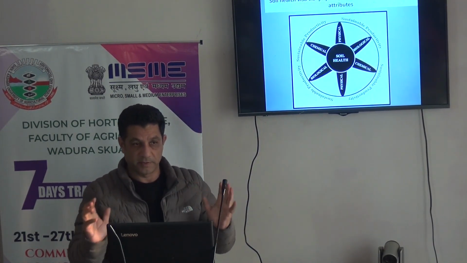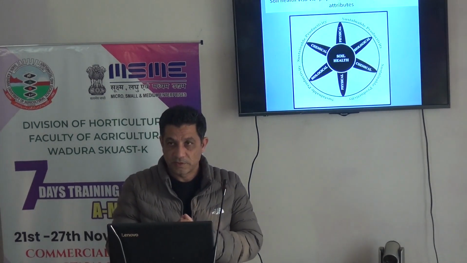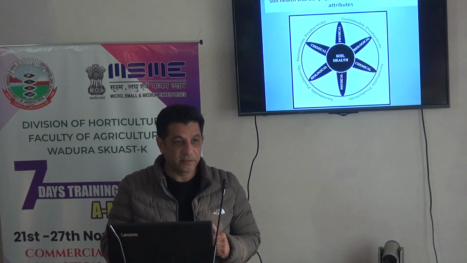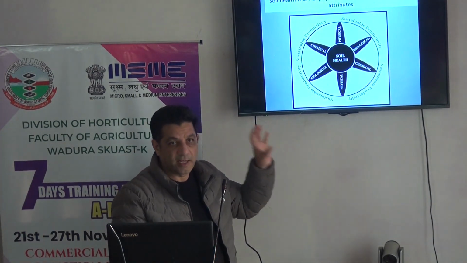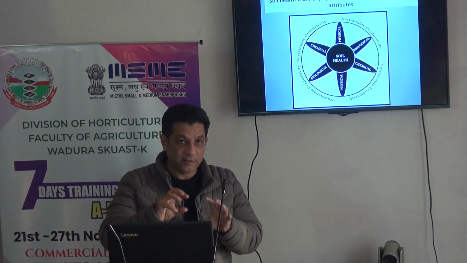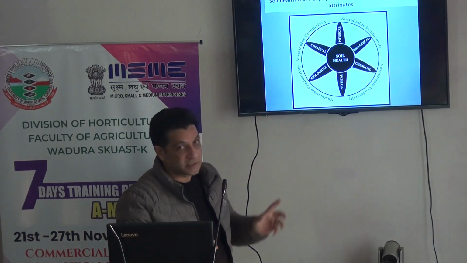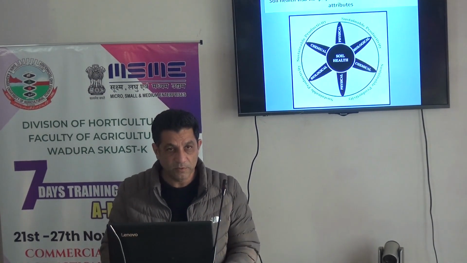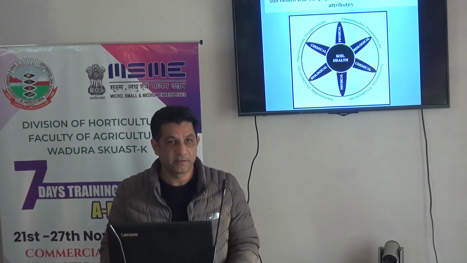All the properties combine with each other to form soil health. And due to good soil health, we have sustainable productivity, we have sustainable agriculture. Can anyone tell me what sustainable agriculture is?